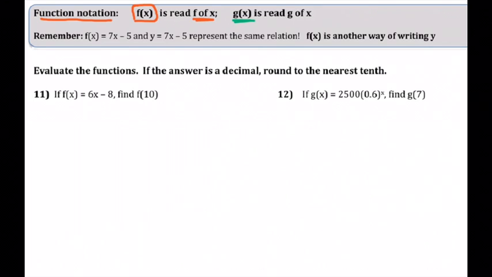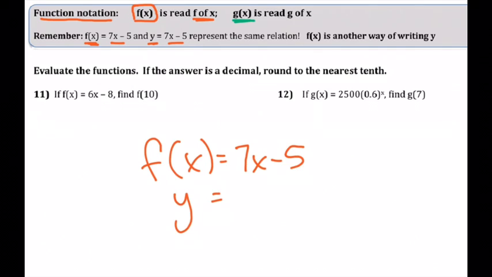One thing that you know when you define this is f of x equals 7x minus 5 is exactly the same thing as saying y equals 7x minus 5. Now I know that for me, when I was in high school, that was terribly frustrating to me, because if these were exactly the same thing, I would rather just write y than f of x, and I thought it was stupid that we would have to write f of x. It's like, why do I have to do that?